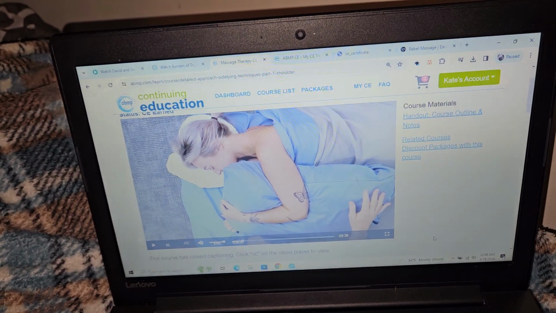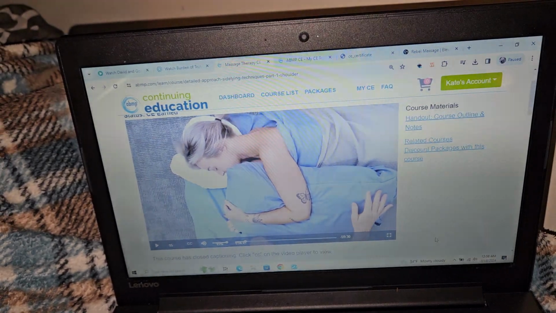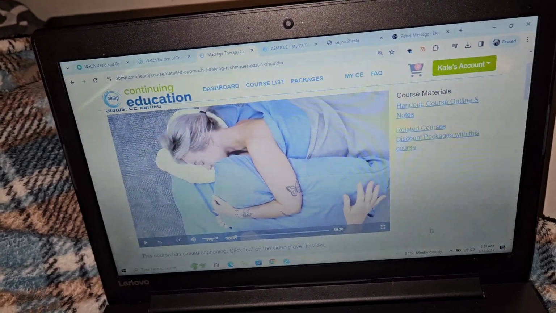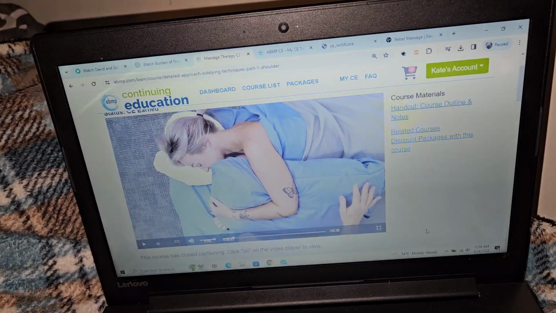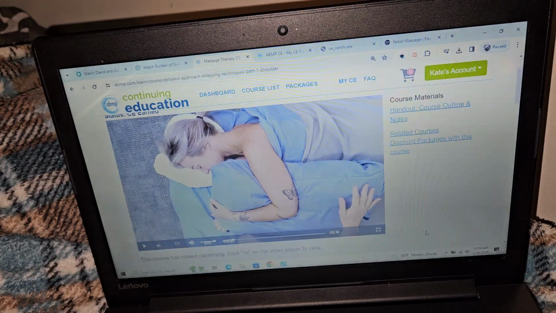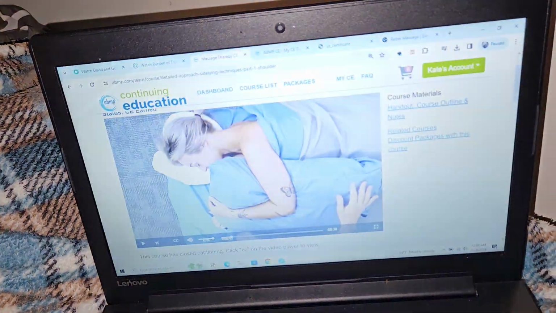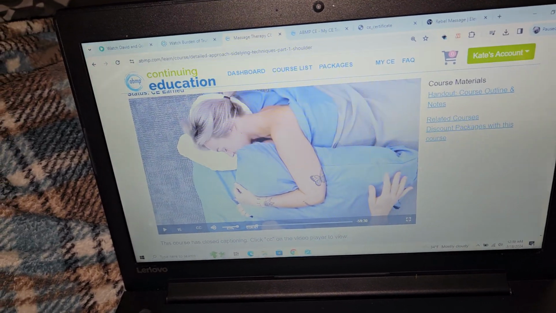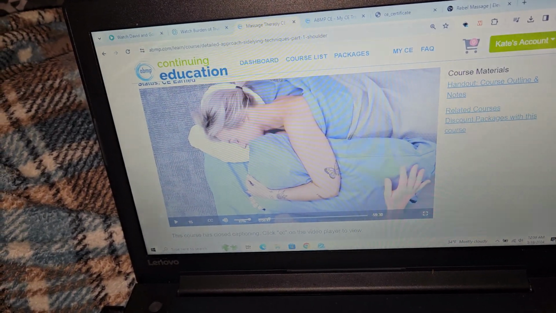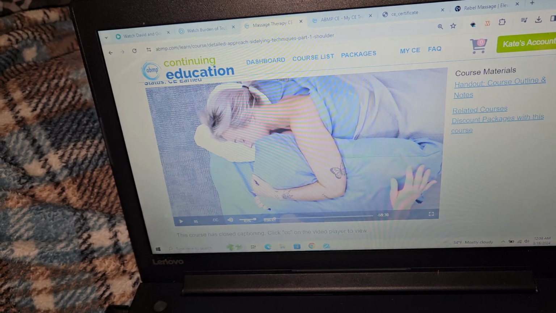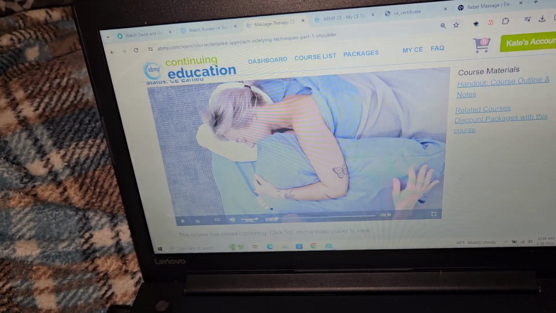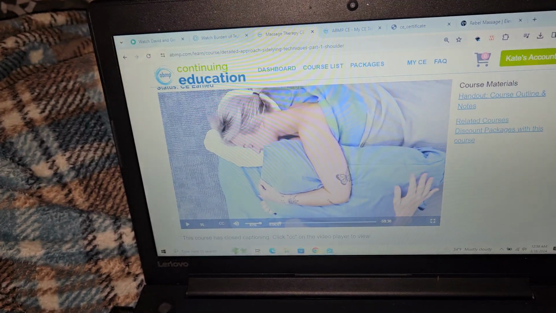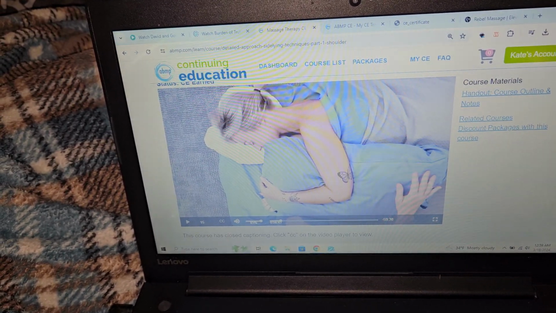But a lot of the stuff I saw in the video was fighting against gravity, and as a licensed massage therapist, the techniques I would apply personally would be things where you're not fighting against gravity, because when I fight against gravity, I lose a lot of energy. It's very draining to me energy-wise.